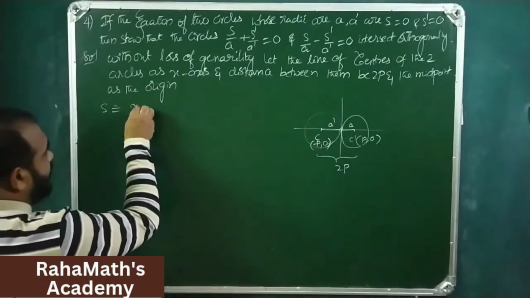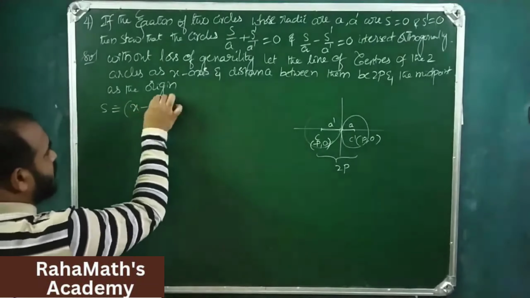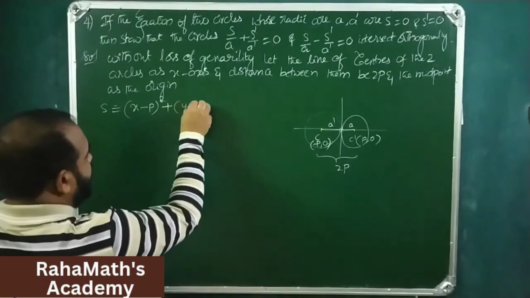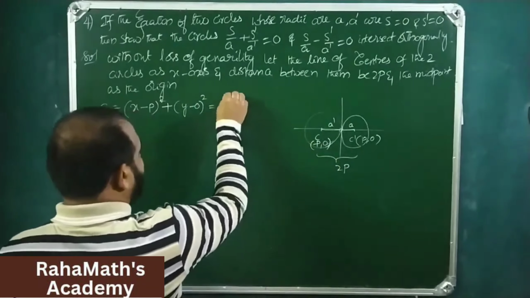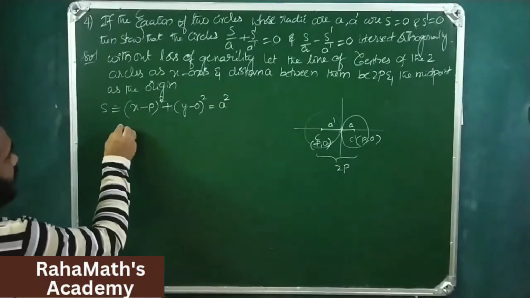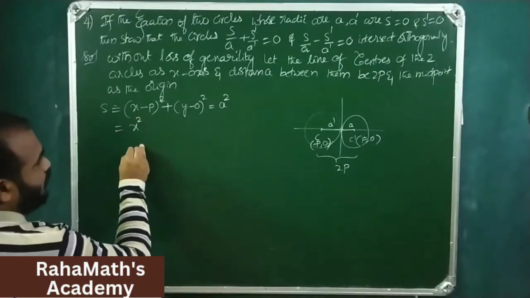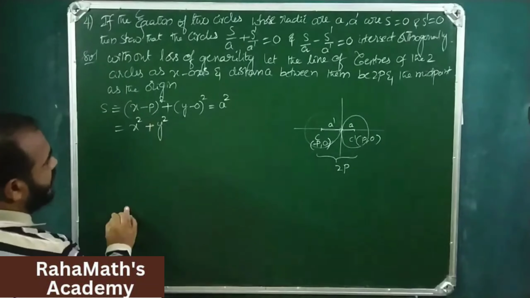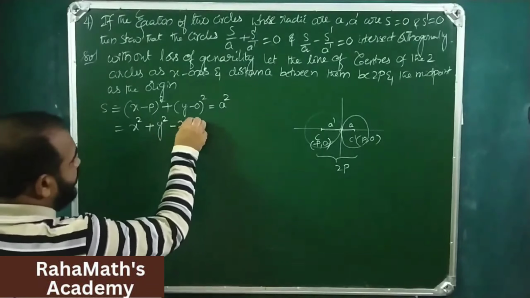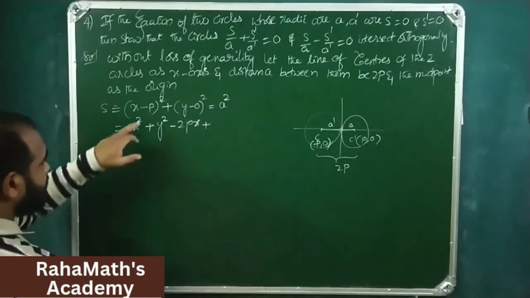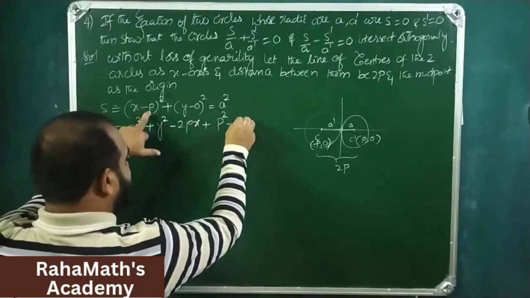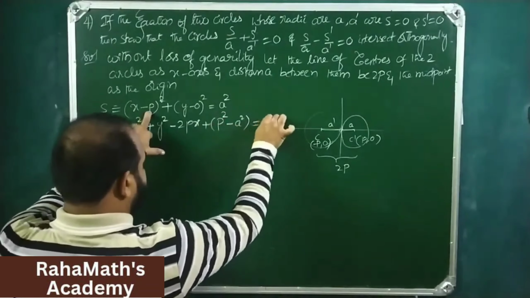The circle is of the form x minus p whole square plus y minus 0 whole square equals r square. This is a square. So this is x square plus y square minus 2px plus p square minus a square equals 0.